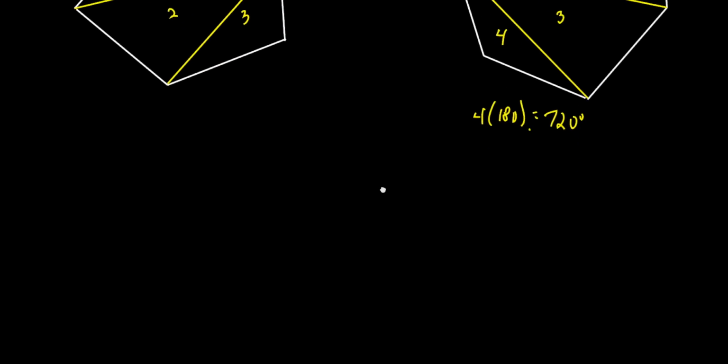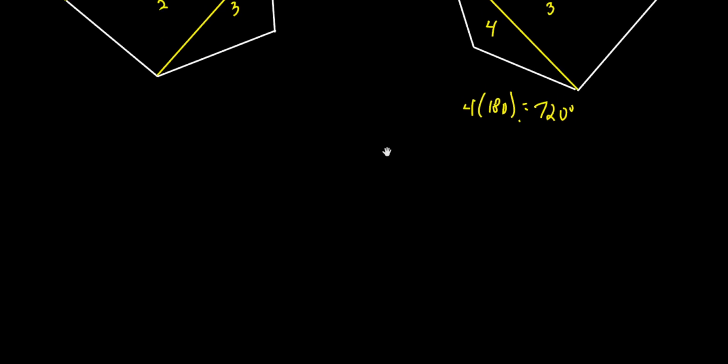So let's establish a pattern. One triangle equals 180 degrees. Agreed? 3 sides. Okay, so if I have 3 sides, I get 1 triangle. What if I have 4 sides? I get 2 triangles, don't I?